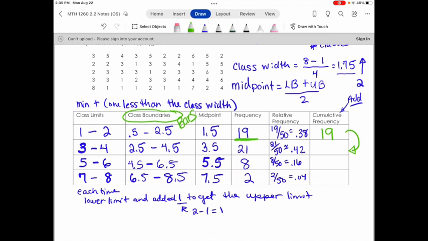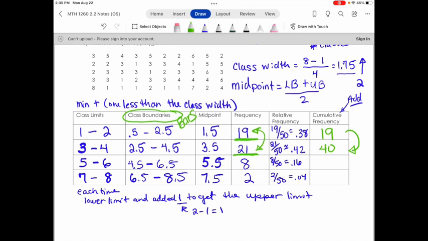When I bump down to the second line, I want to know up to that point, what's the frequency together? I'm going to add them up. What's the cumulative frequency for everything up to the second class? So I'm going to take 19 and 21 and add that, and I get 40. So the cumulative frequency for class 2, everything up to class 2, is 40.